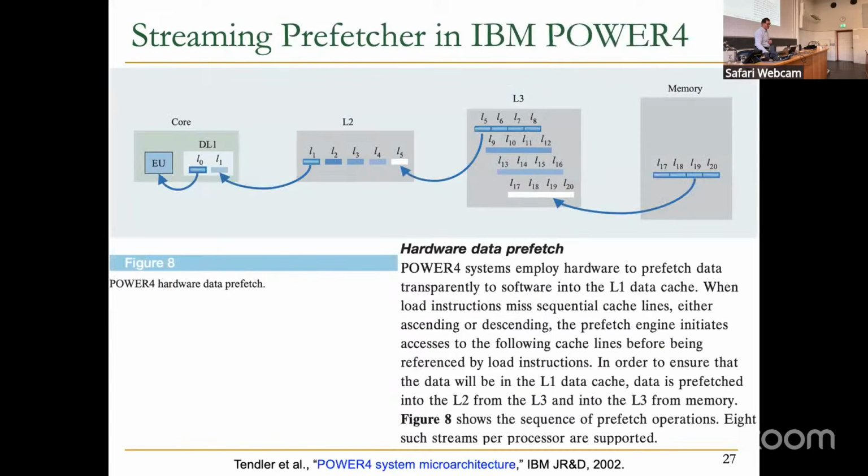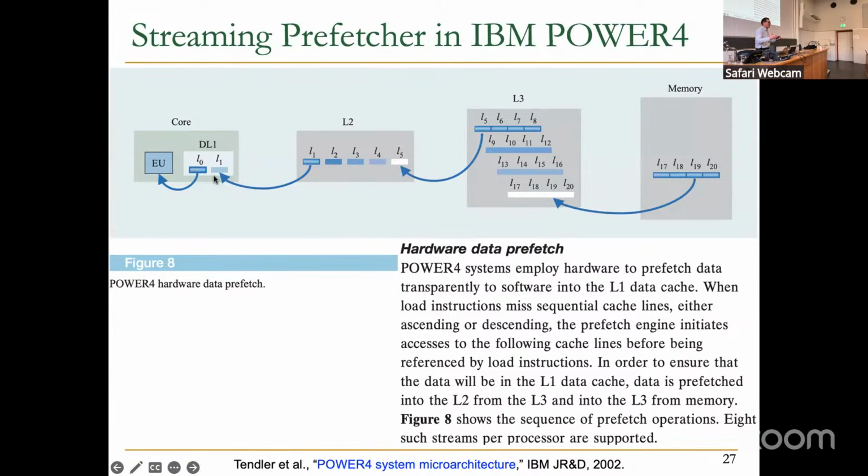Okay. So this actually resembles streaming prefetchers in Power 4. I will not go through this in detail, but a lot of modern processors have some sort of streaming prefetcher, and along with it, many other prefetchers. But this description, the Power 4 paper in 2002, shows essentially the streaming idea.